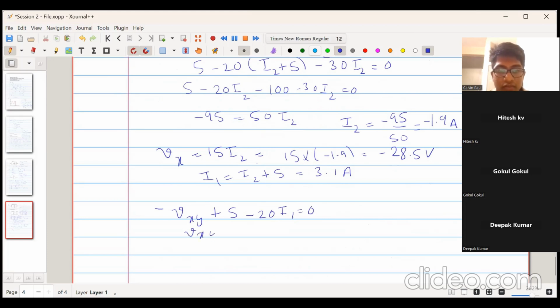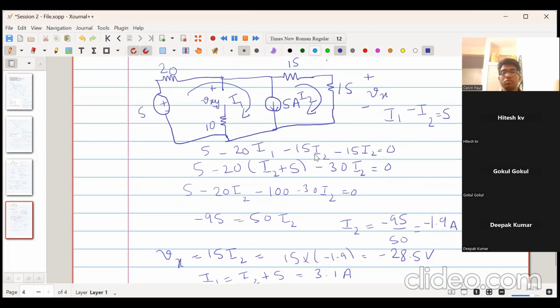So we will get Vxy is equal to 5 minus 20 I1. That is 5 minus 20 into 3.1, which is equal to 5 minus 62, which is equal to minus 57 volt. Okay, so any doubts in this?